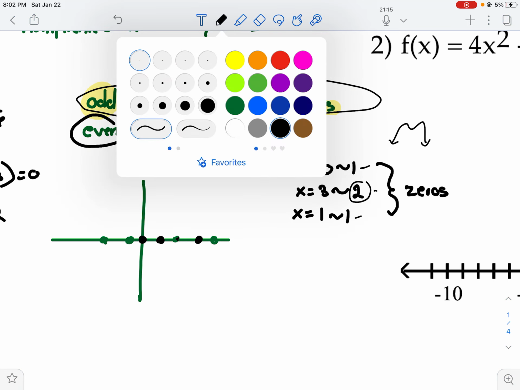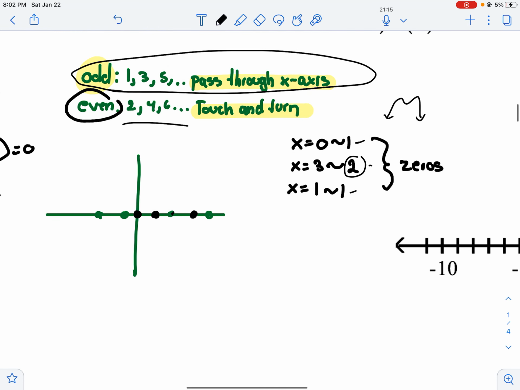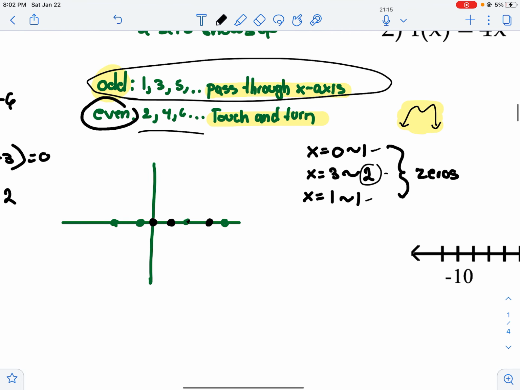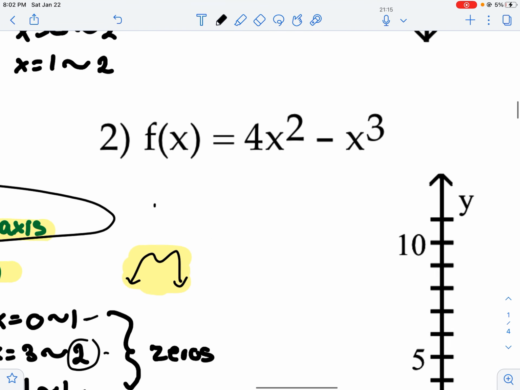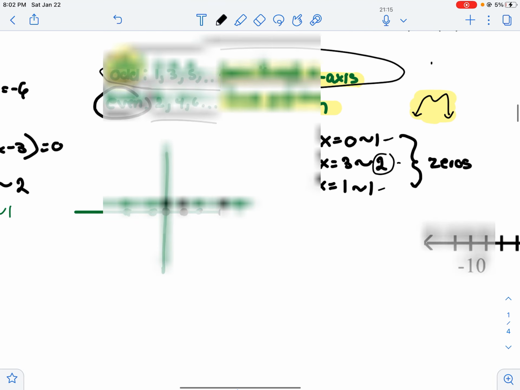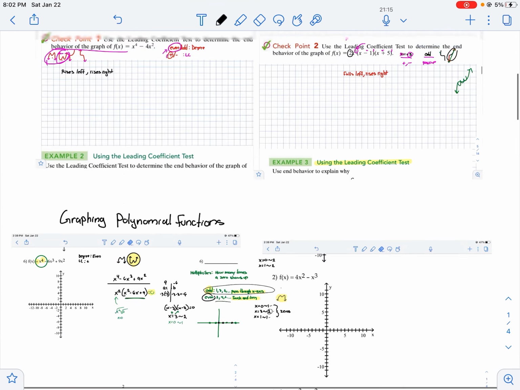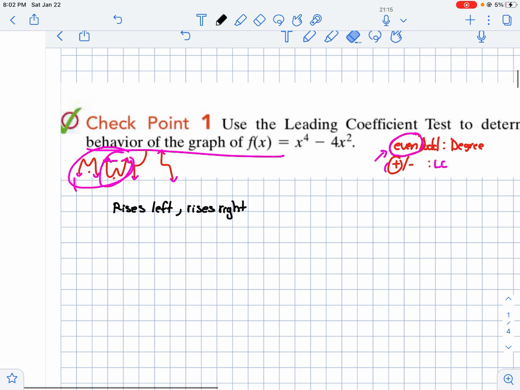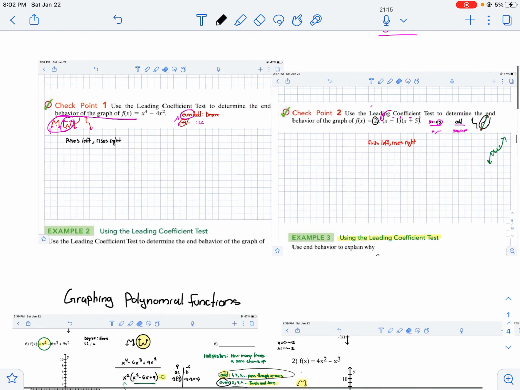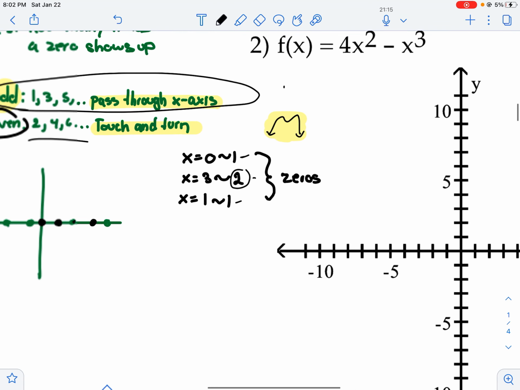What are we going to do? You have 0 with a multiplicity of 1. Let's just pretend we did end behavior. We had a set of numbers that looked like this, and we went through this test and figured out that it was going to fall left, fall right, so it's going to look like this one.